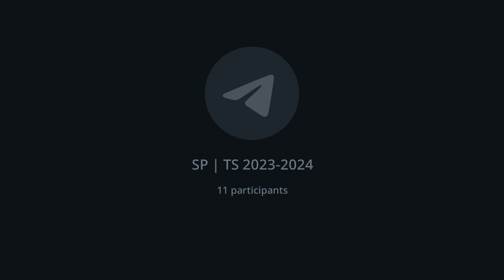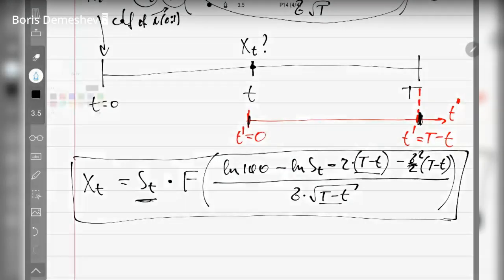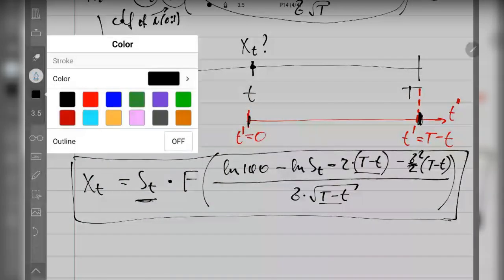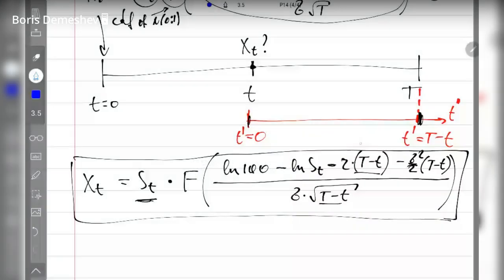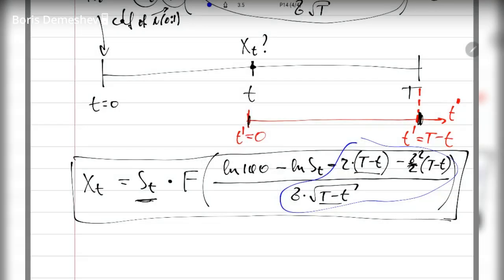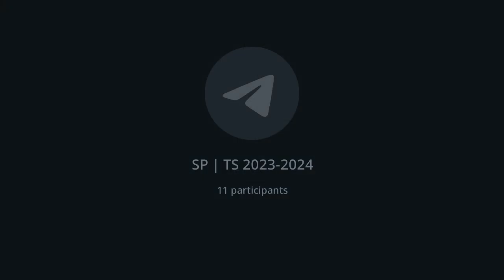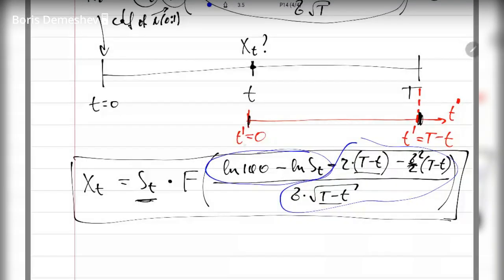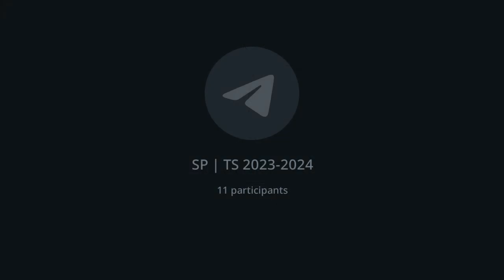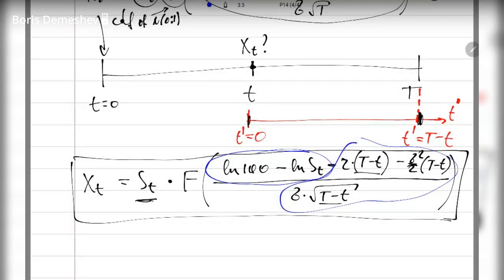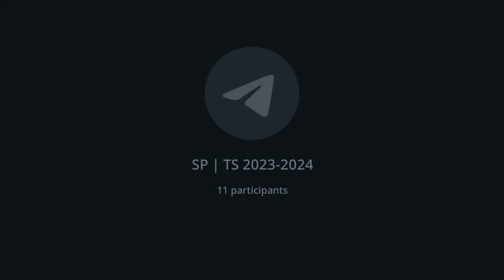If the time remaining to the execution is very small, what will happen? Basically, all these terms will disappear, yeah? If T minus t is very small, the only important factor will be whether S_T is bigger than 100 or less than 100, and that once again is consistent with our intuition.